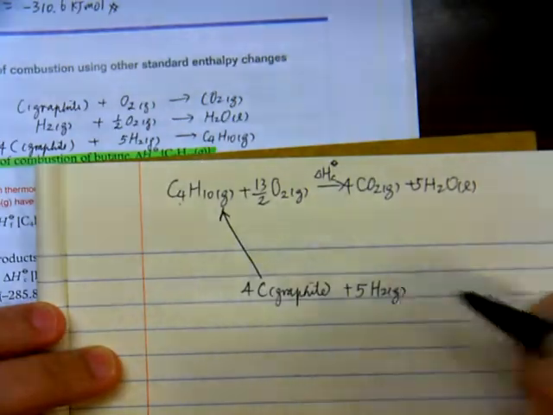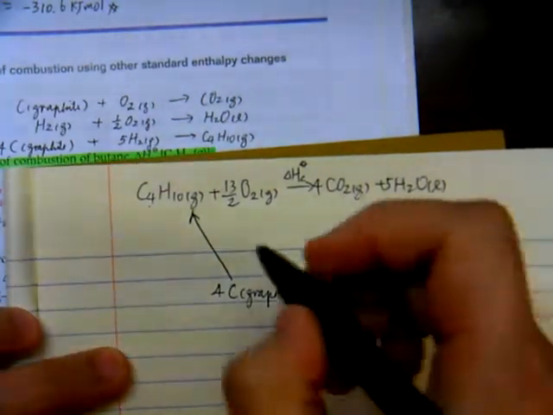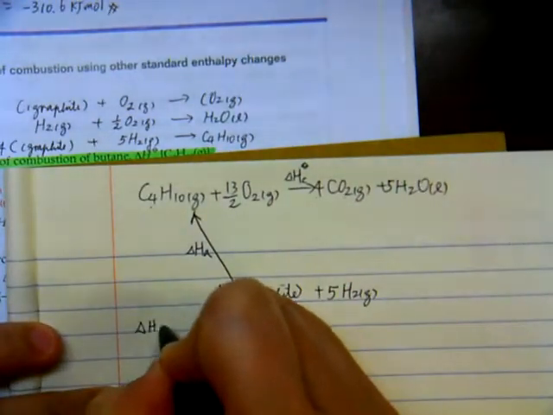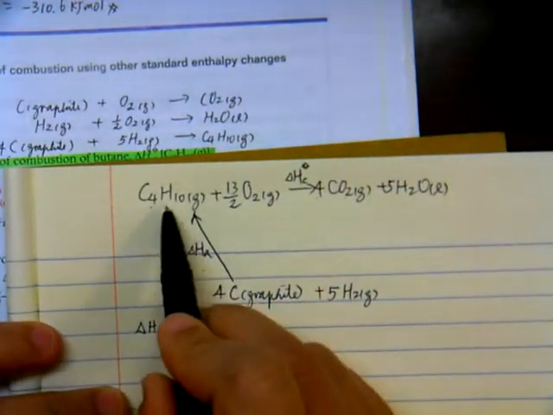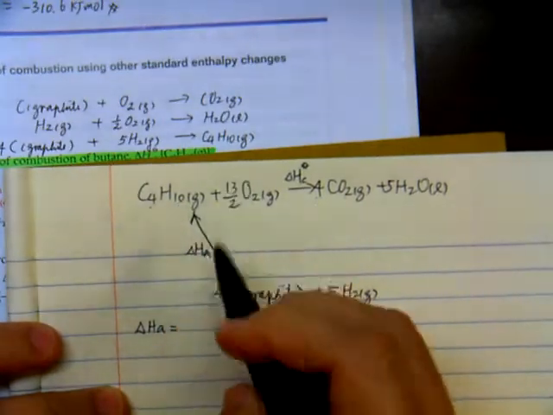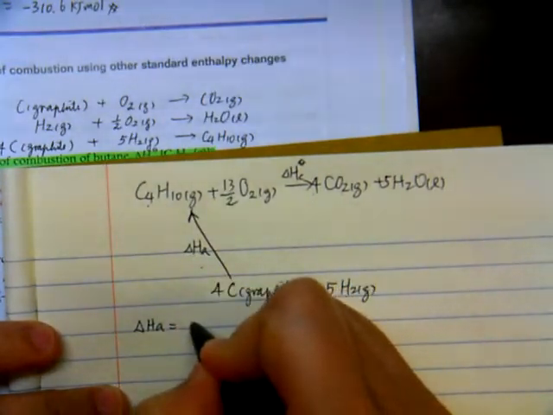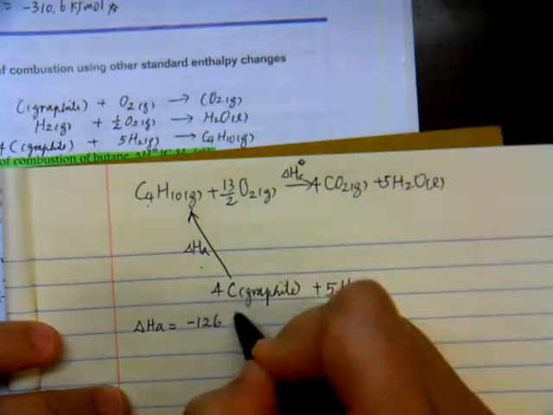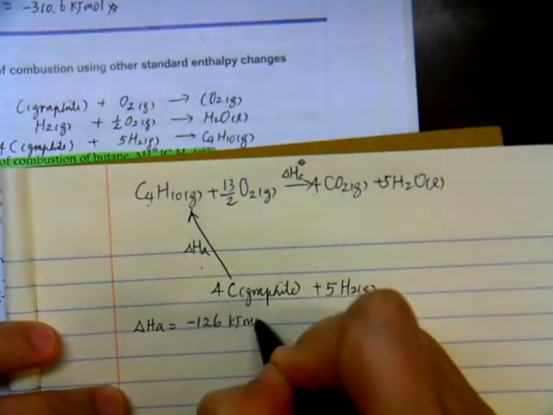Do you understand? Label it as delta HA. Delta HA is the formation of 1 mole of C4H10. That means equal to negative 126 kilojoule per mole.